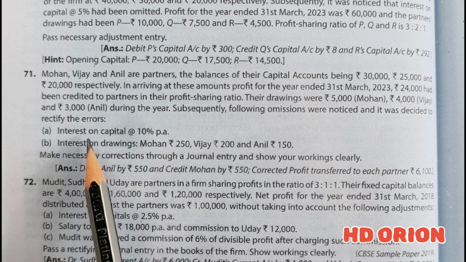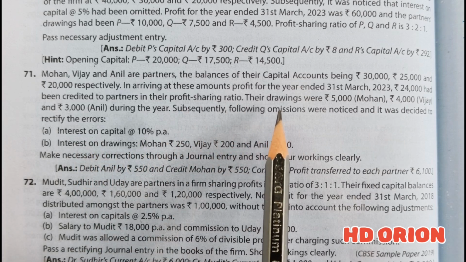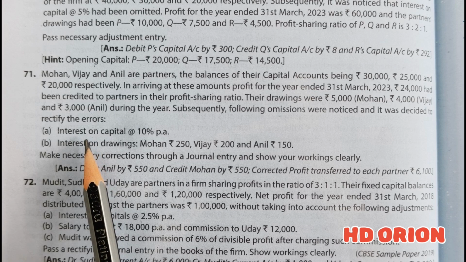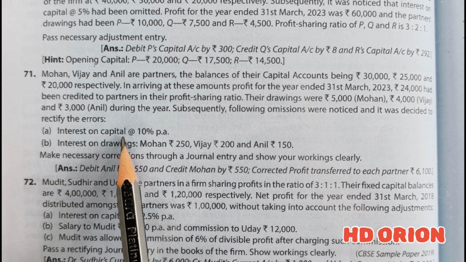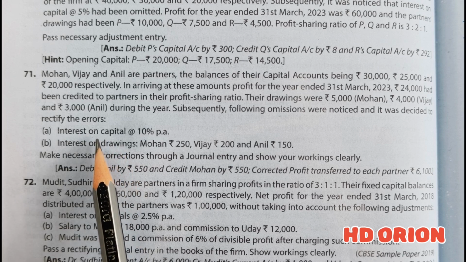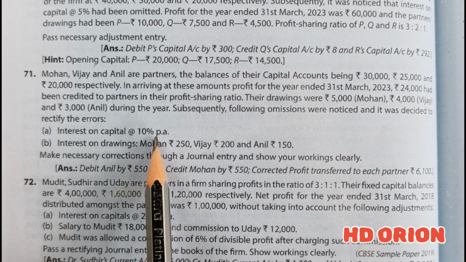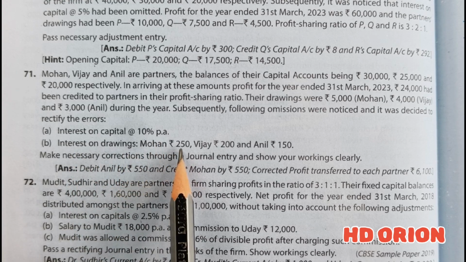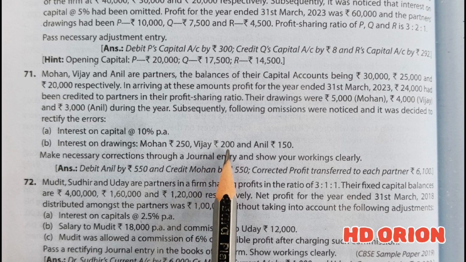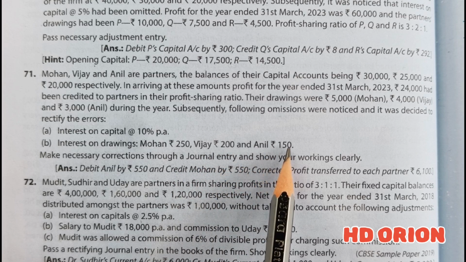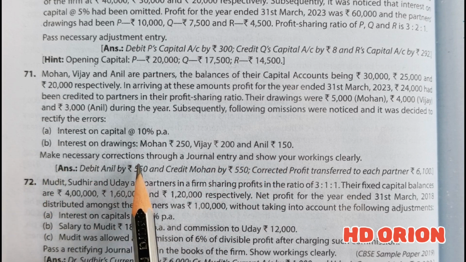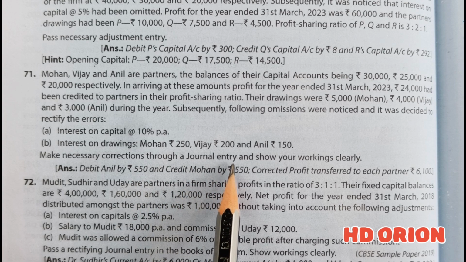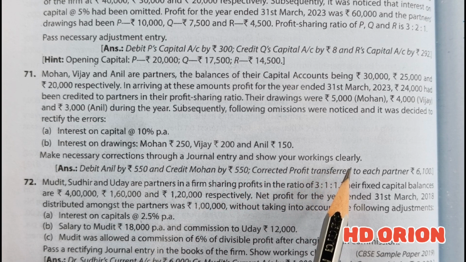And we have to rectify the capital accounts and provide interest on capital to the partners and collect interest on drawings from the partners. So rectify the errors. Interest on capital at the rate of 10% per annum, and interest on drawings Mohan rupees 250, Vijay rupees 200, and Anil rupees 150. Make necessary corrections through a single journal entry and show your workings clearly.